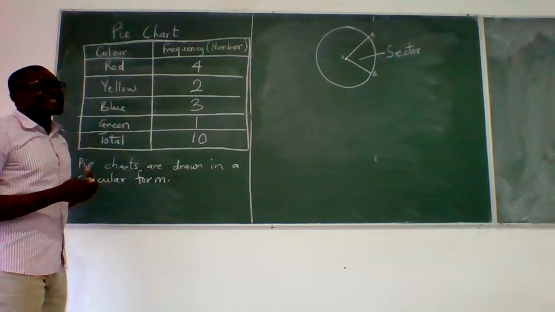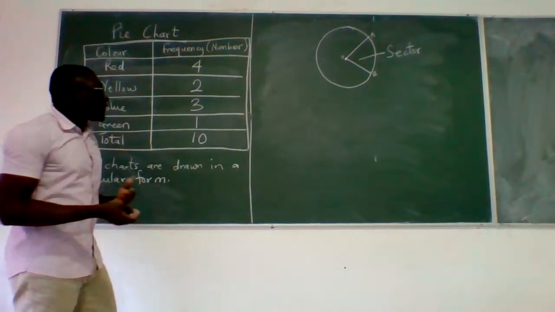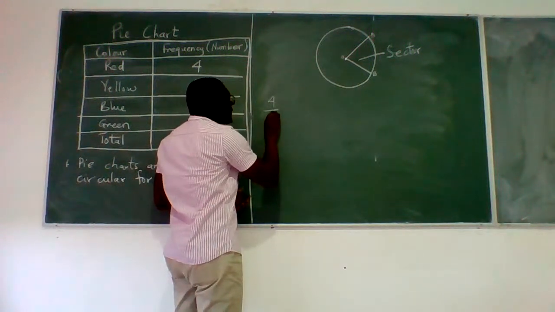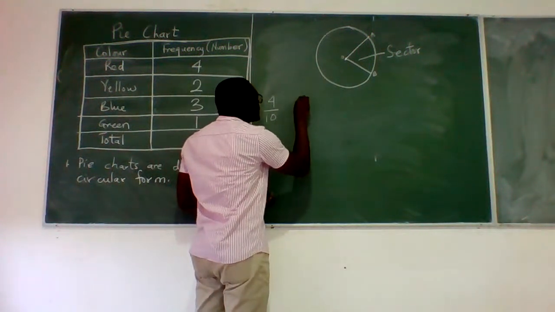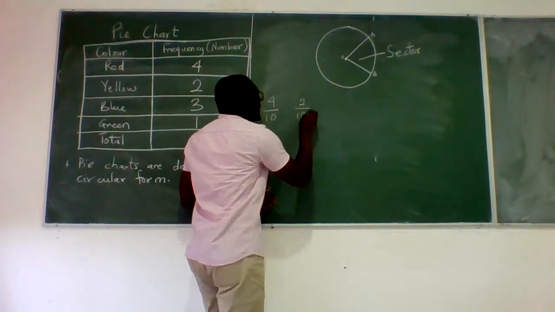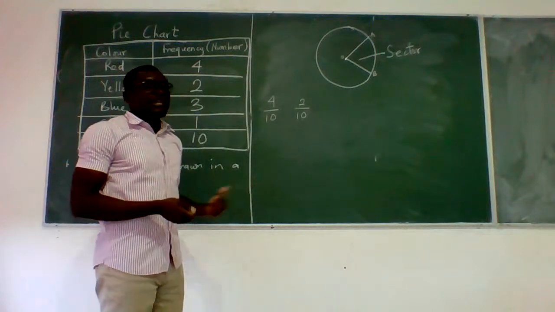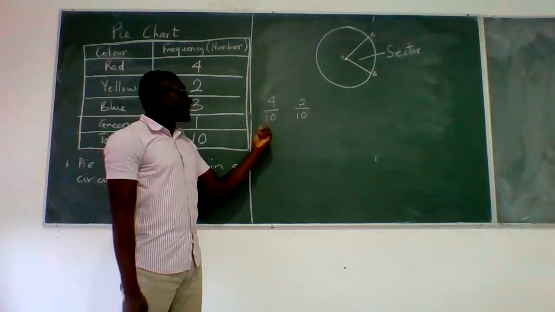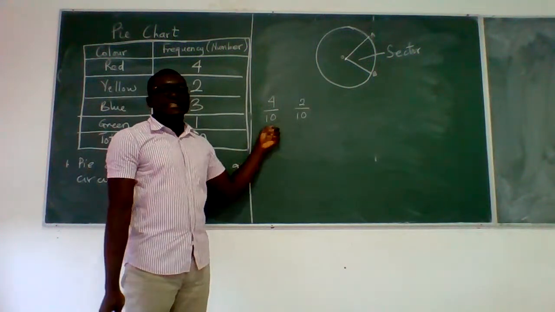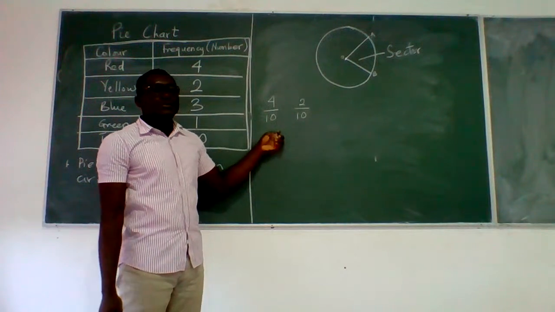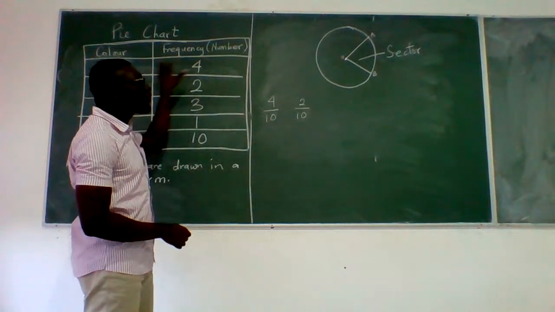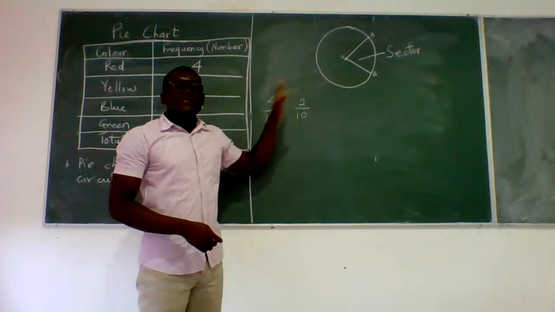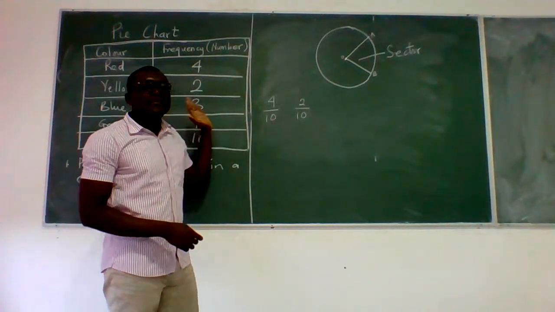In that case, it is easy to compare, because if I have 4/10 and another person has 2/10, and I ask you which of these two is bigger, you will definitely see this quickly because they both have the same denominator. So that is what you are going to do. Because you want to represent the whole of these in the same circle, we must first of all give them the same denominator.